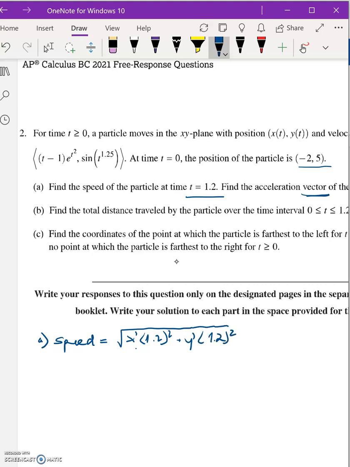And just plug it in the calculator, and that should give you 1.271. And this is like v(t).